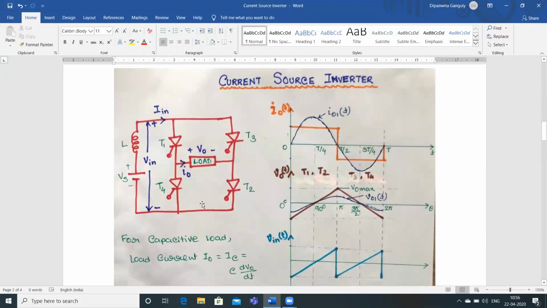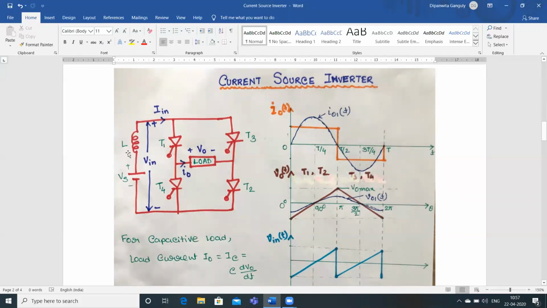This is the circuit of the current source inverter. Here the input of the current source inverter is obtained from a fixed voltage AC source through a controlled rectifier bridge, or through a diode bridge and a chopper, and one large inductor is connected in series to make the output current ripple free.